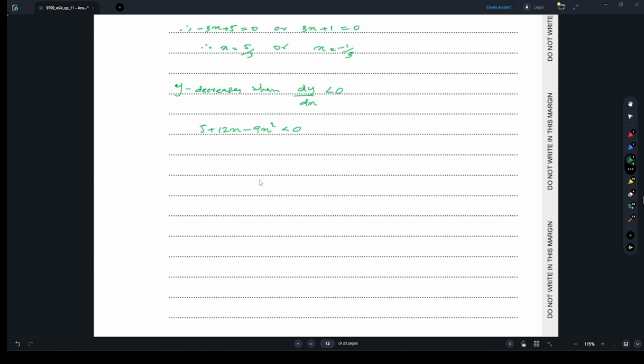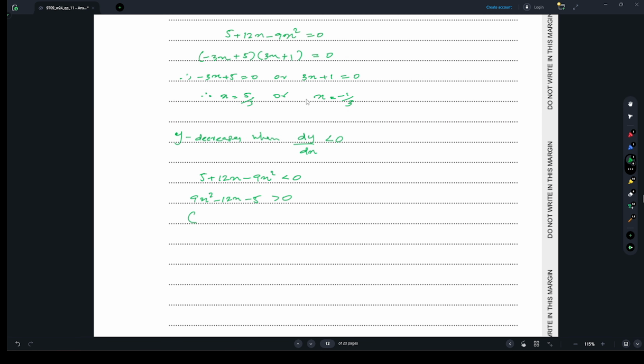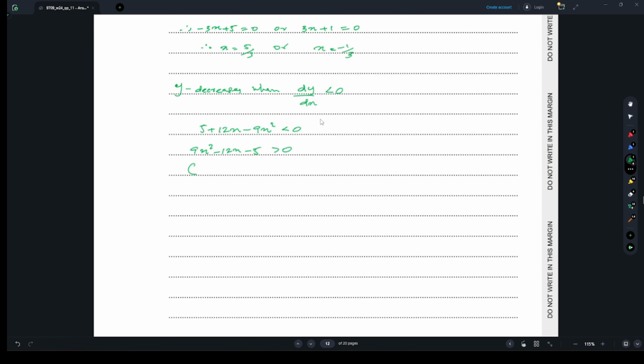So what I can do here, I will do one trick. I will multiply by minus. So x squared minus 12x minus 5. So now it's greater than 0. And we know already the answers for this one, right? Here we found these 2 points, 2 answers for this one. So I will tell you the trick.